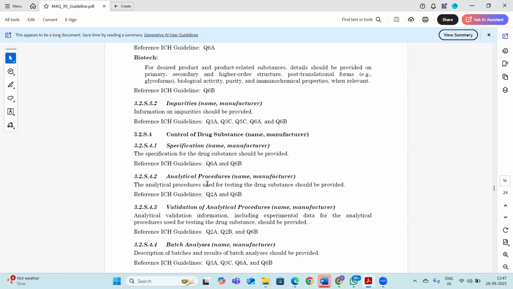Reference guidelines for impurities are your Q3A, Q3C, Q5C, Q6A, and Q6B. These guidelines talk about different types of impurities: organic impurities, inorganic impurity, nitrosamine, genotoxic. All the impurities are being talked about in these guidelines. So when you are submitting data related to the impurities, you get a better understanding of what that impurity means.